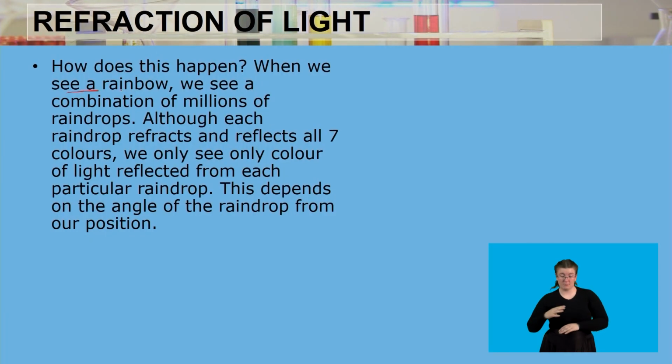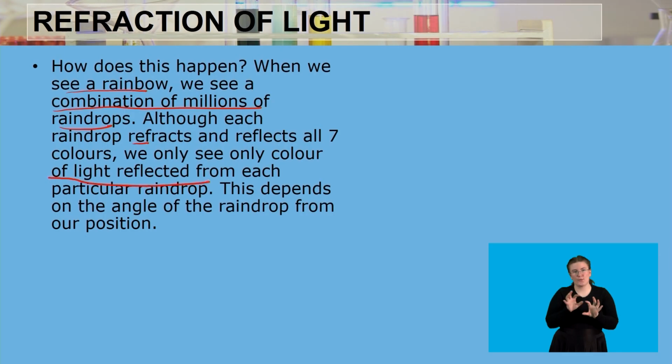So how does this happen? When we see a rainbow, we see a combination of millions of raindrops. Although each raindrop refracts and reflects all 7 colors, we only see one color of light that is being reflected from each particular raindrop.